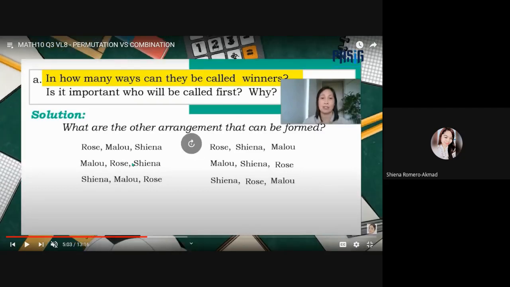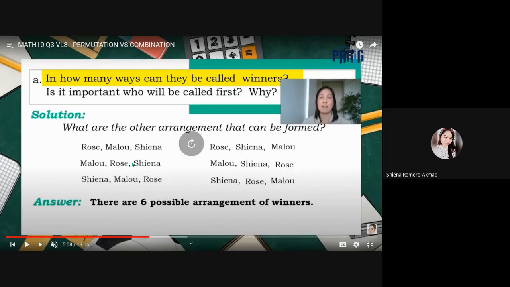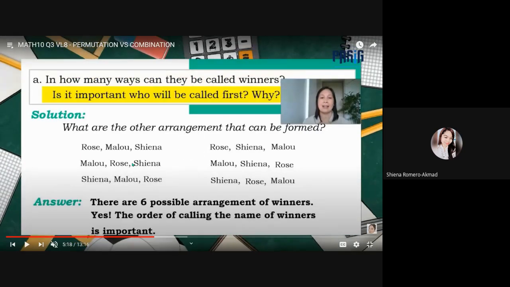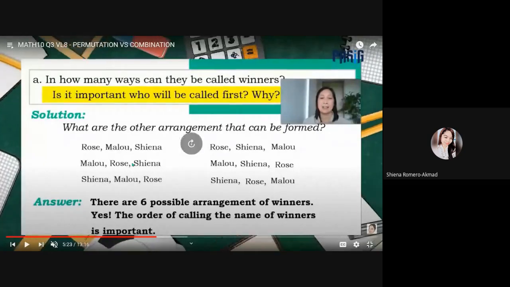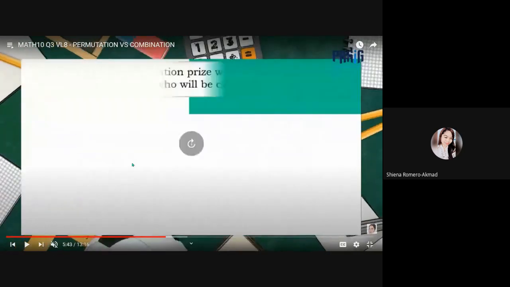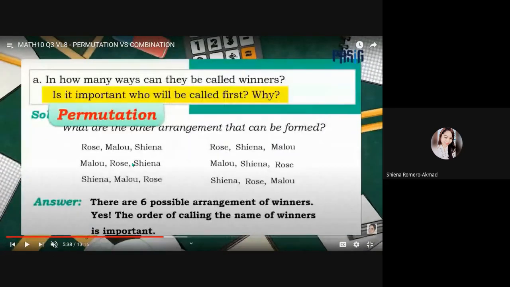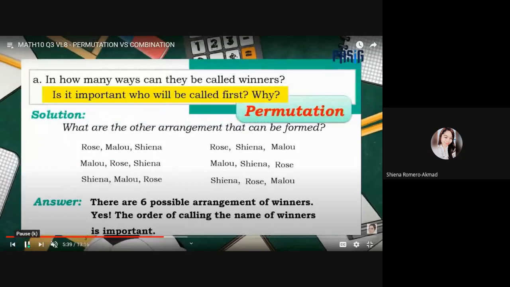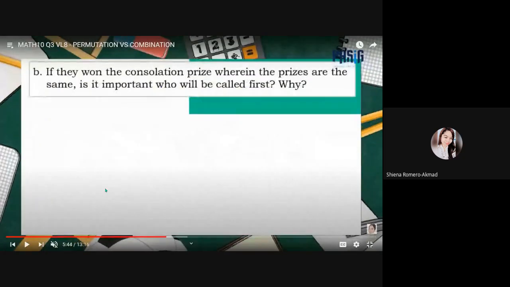Ayun. So we have here 6 possible arrangements of winners. And yes, the order is important. If you are given this kind of problem na yung order is important, this problem involves permutation.